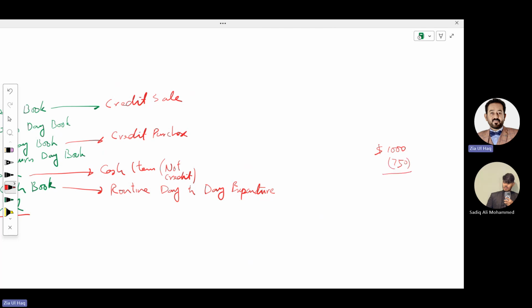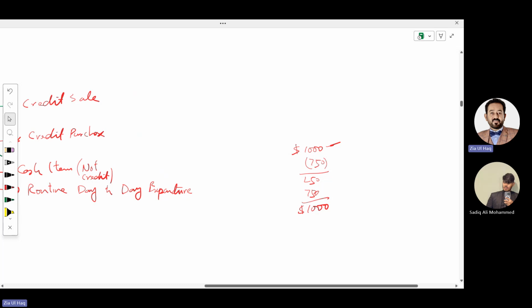How much does the clerk have left? 250. So at the start of the next month, he will be given 750, so that 1,000 is in his pocket at the start of the month and he can pay small expenditures during the month from this amount. This 1,000 that we have stated as monthly expenditure, and that we maintain with the clerk for monthly expenditure, is called the float.